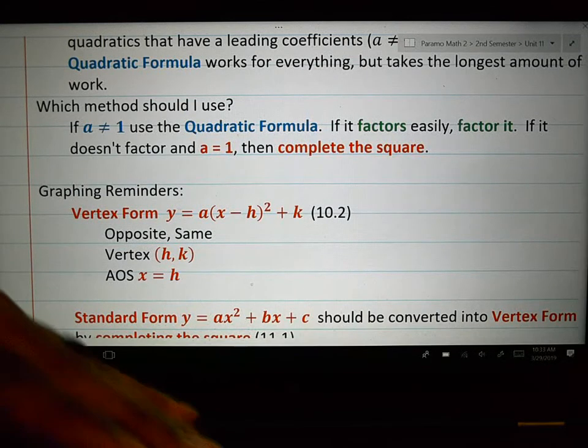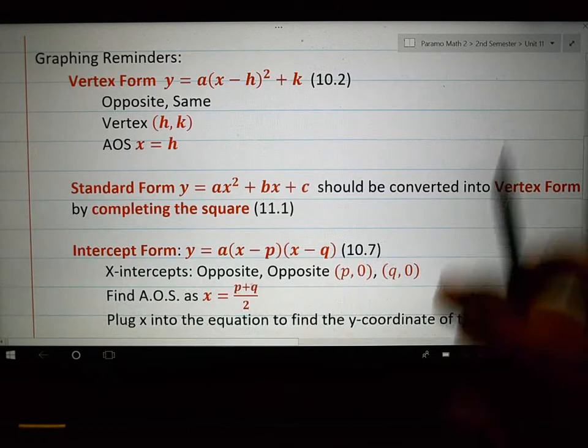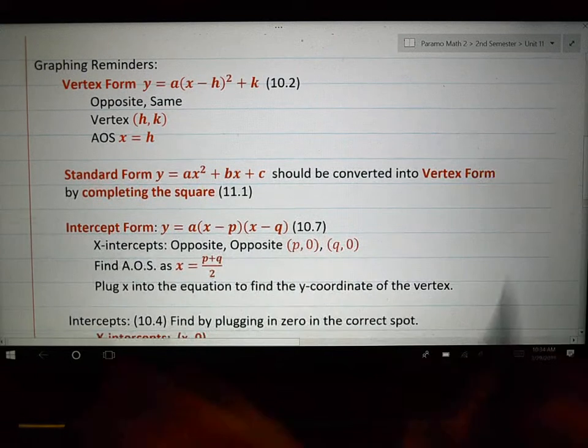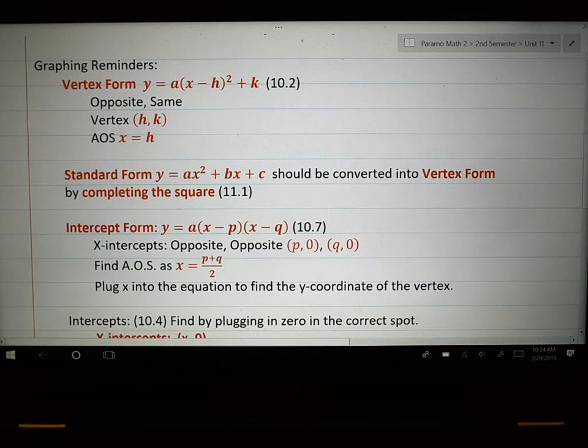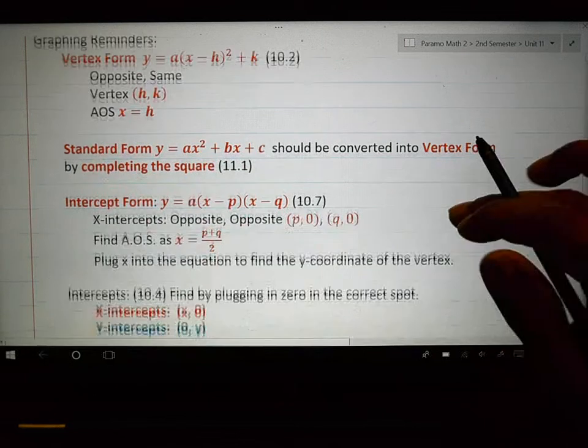On the first half of the worksheet, you choose which method you want to use. And then the second half of the worksheet is about graphing. It's almost like they decided to bring back everything we talked about in chapter 10: vertex form, standard form, intercept form, and intercepts.